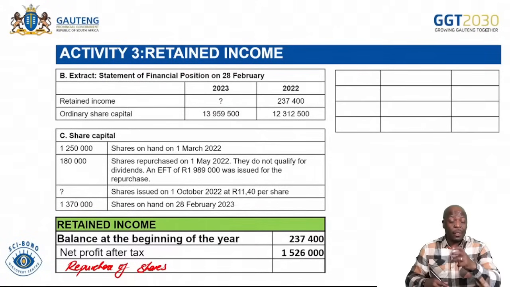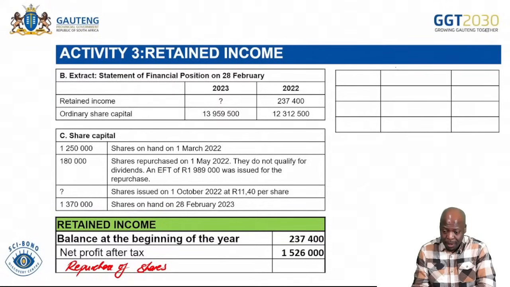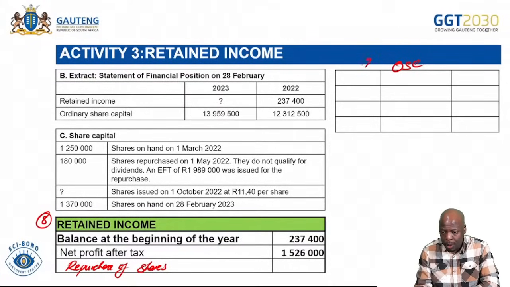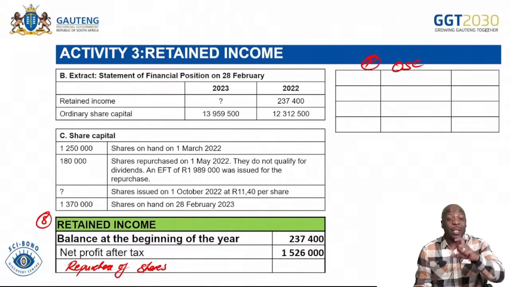Like in this case, in the cash flow itself, they would require you to record the proceeds from shares issued. So that means I would need to open my ordinary share capital note, note 7. But where am I? I'm in note 8 here. But I'm going to do note 7 nonetheless. When the demand for it comes, I should be sorted already.